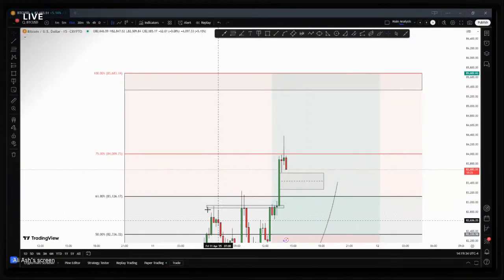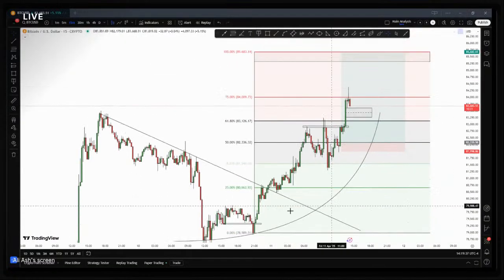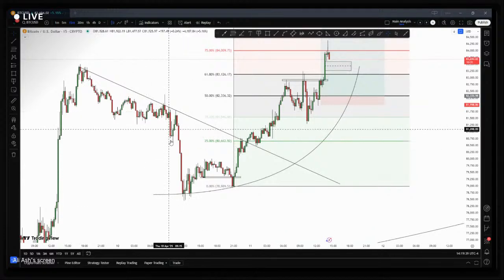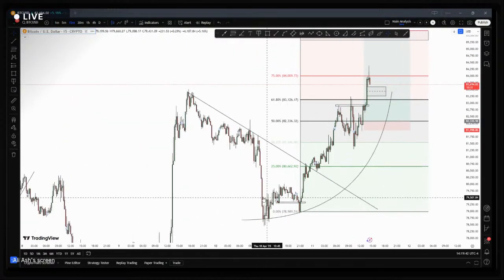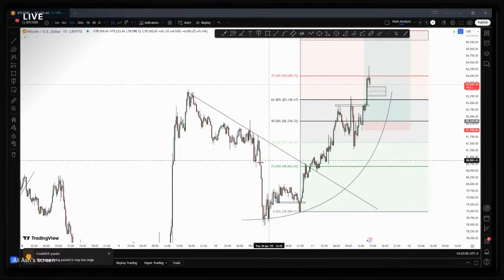For those who don't know why we have the SR interchange, we had this cup and handle. This is the cup and this is the handle. I shared this in the morning, that we have a cup and handle and we will have this SR interchange. SR interchange means supply to resistance.